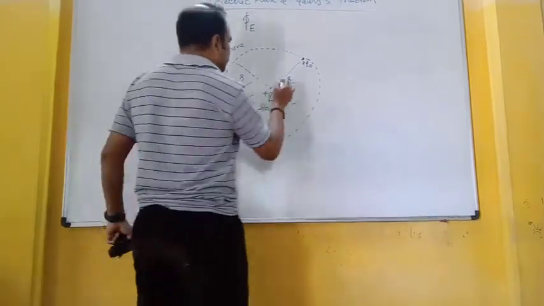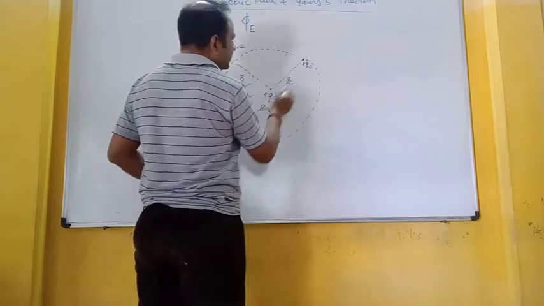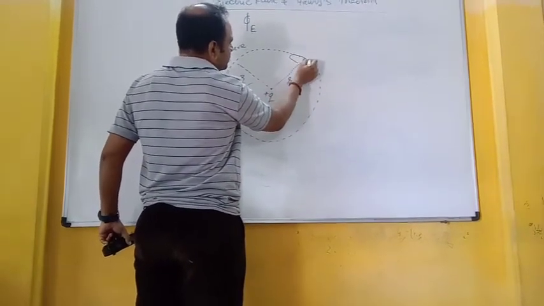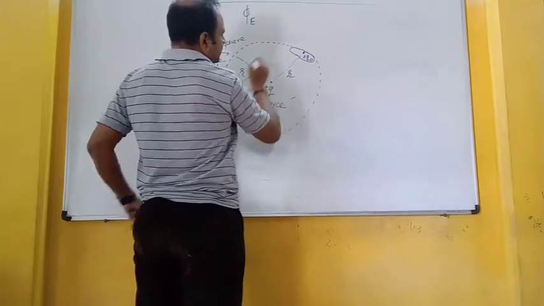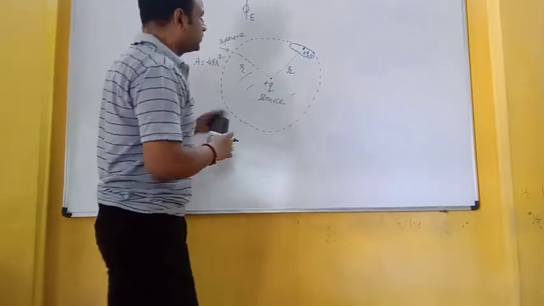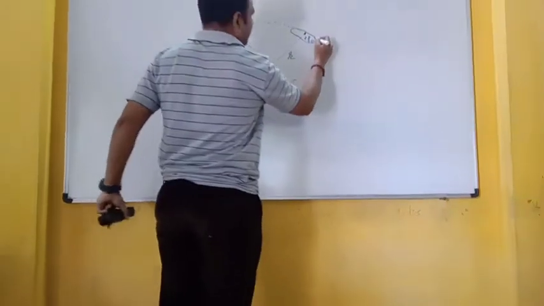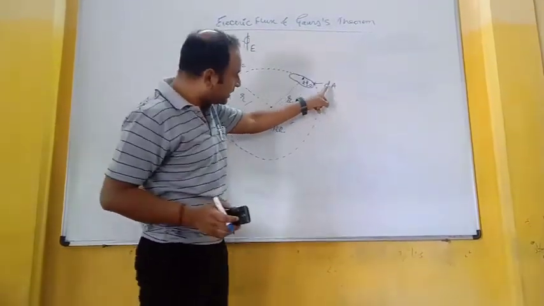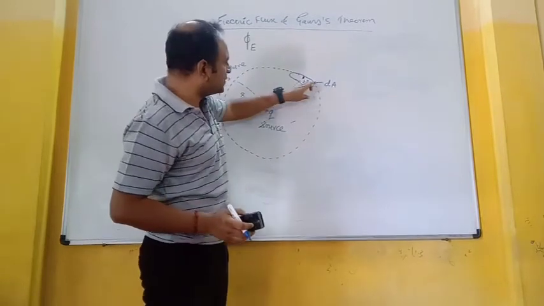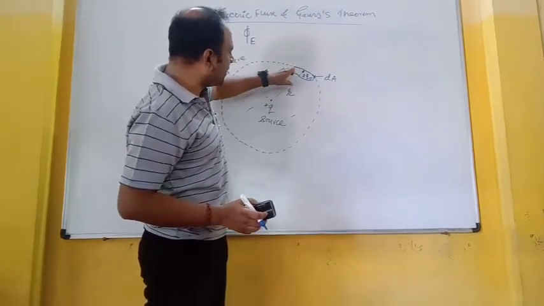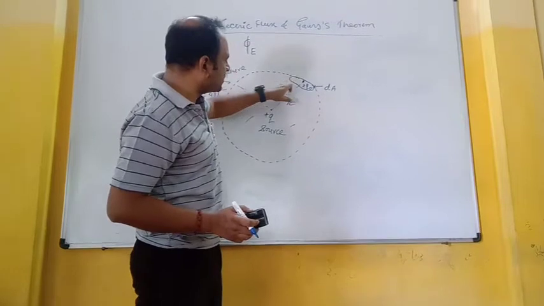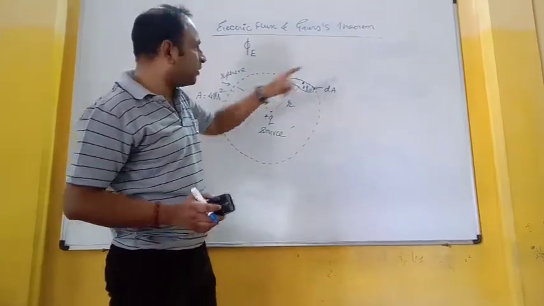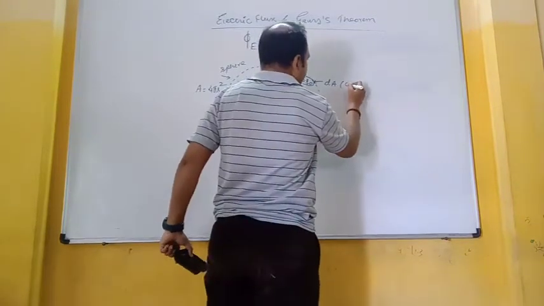If I consider at this point a very small area of the whole sphere and call it dA, then dA is the magnitude of the area of this very small surface taken out from the whole sphere, and therefore we call dA the area element.